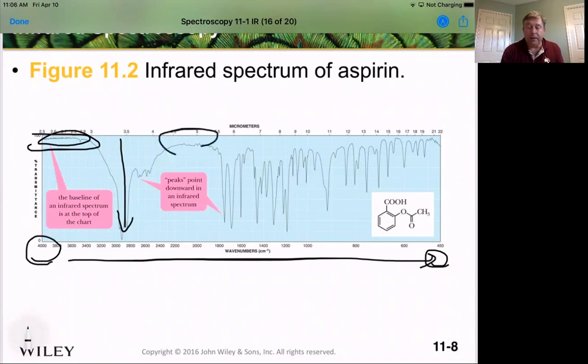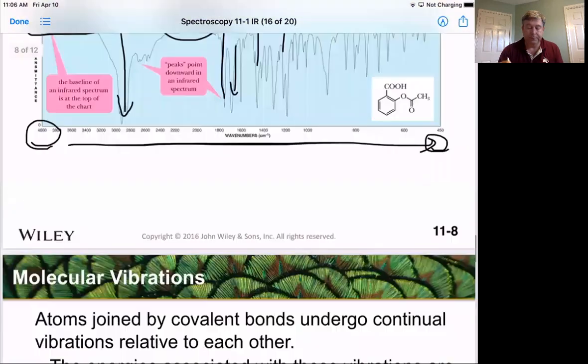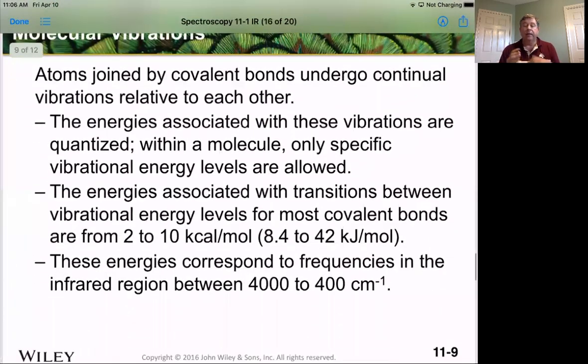And then almost none of the light's being absorbed in this area and more is being absorbed in these areas. So we can think of each of those peaks as associated with something that is absorbing light and vibrating. And so the difference that can be absorbed actually gives us a difference in the intensity of these peaks.